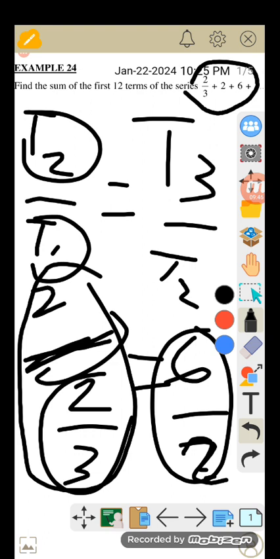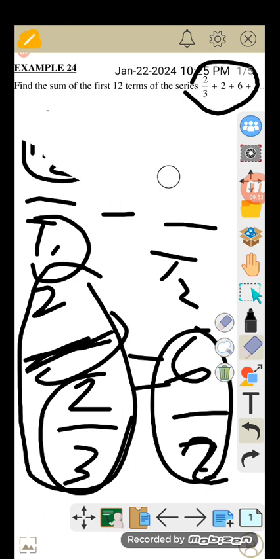Therefore, I'm going to use the formula of a geometric sequence.